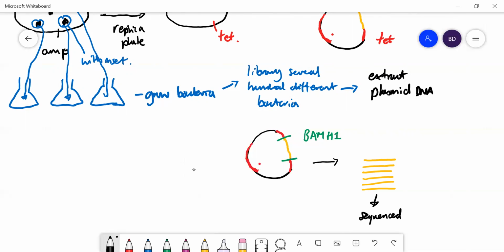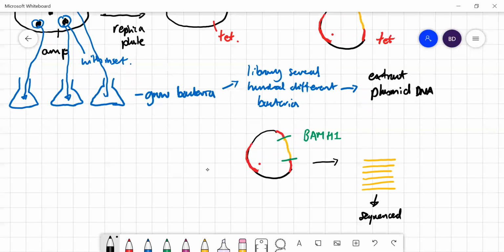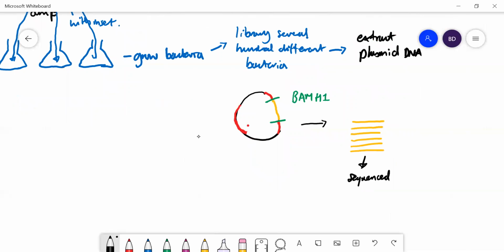Right, so you may think, well, how did you know the sequence of the alpha hemoglobin gene first? Well, that would have been done by, first of all, you get the alpha hemoglobin protein. So proteins can be sequenced for amino acids.